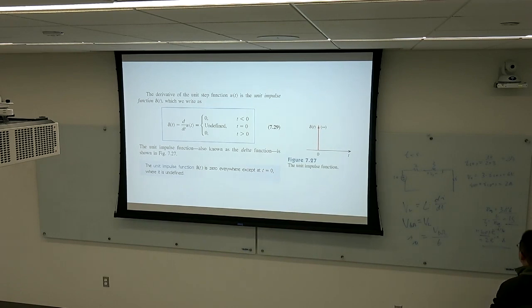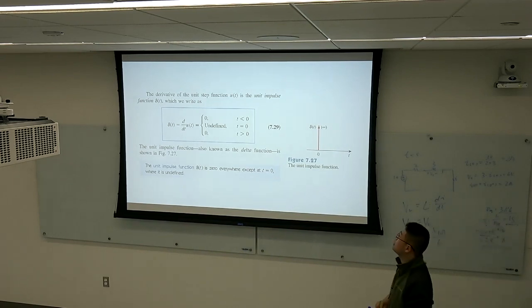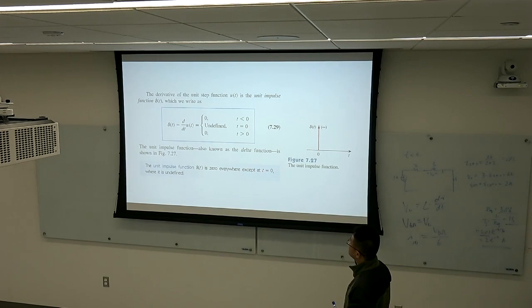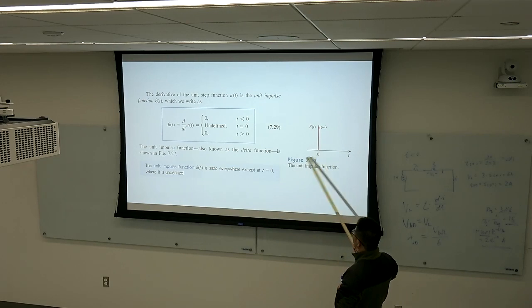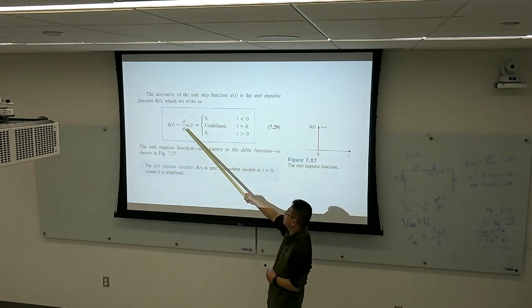The derivative of the unit step function u(t) is the unit impulse function, which we write as delta(t). So this is the derivative of the unit step function.